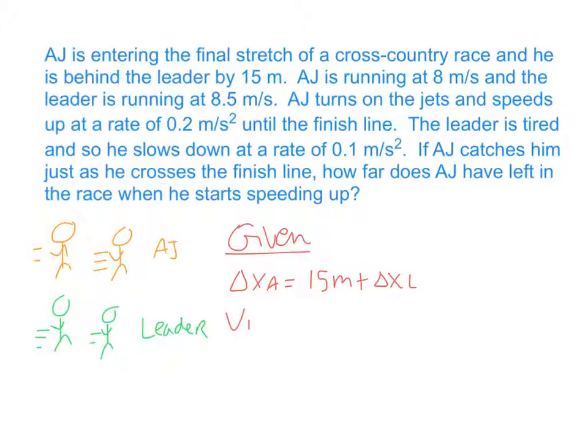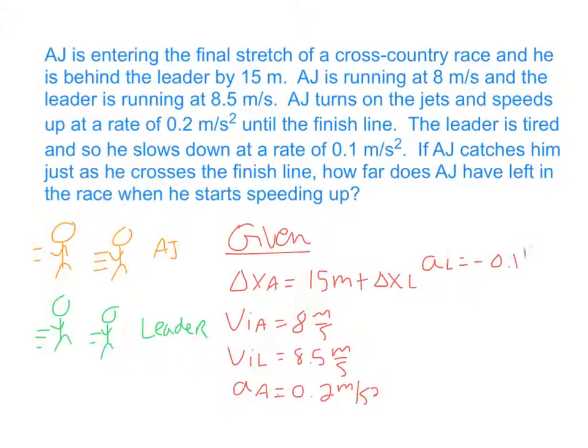We know that the V initial for AJ is 8 meters per second, and the V initial for the leader is 8.5 meters per second. AJ's acceleration is a positive 0.2 meter per second squared because he's getting faster in the positive direction, and the acceleration for the leader is negative 0.1 meter per second squared because he's getting slower in the positive.